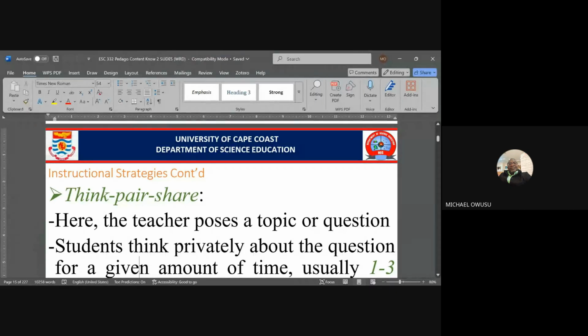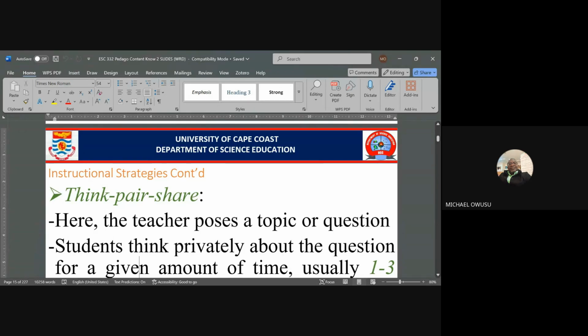That is it. So you, the teacher, will pose the topic. Then let the students think individually. Then after that, let them pair and rethink about it. Then after everything, they share to the entire class. So the first thing is that you pose the topic. The second thing is that individually they will be thinking about it.